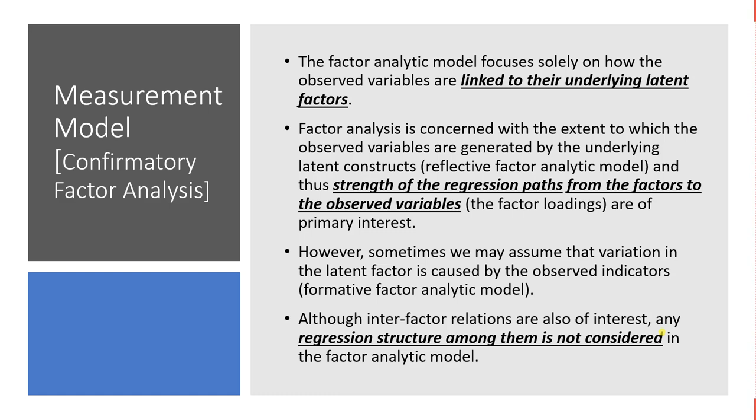However, sometimes we assume that variations in the latent factor are because of the observed indicators. For example, if I have high education, my income is high, then my socio-economic status is also high.